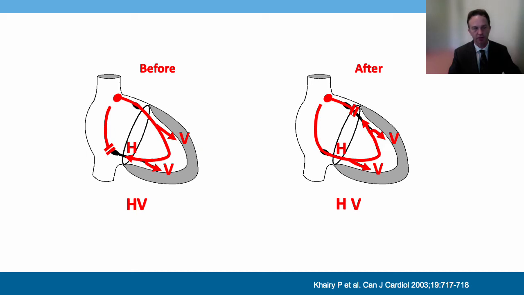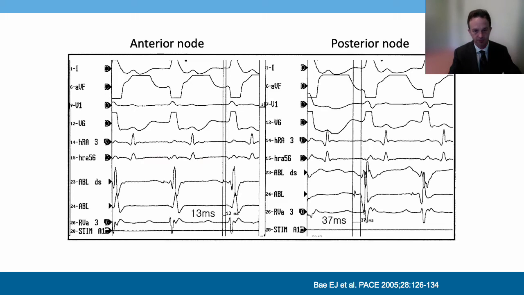So we're activating the ventricle and the retrograde His bundle at the same time, resulting in a short HV interval. When we ablate the anterior AV node, we then have conduction passing through that posterior node in series from the His to the ventricle, and the HV interval therefore prolongs. And so this suggests that there is a continuous conduction sling present.